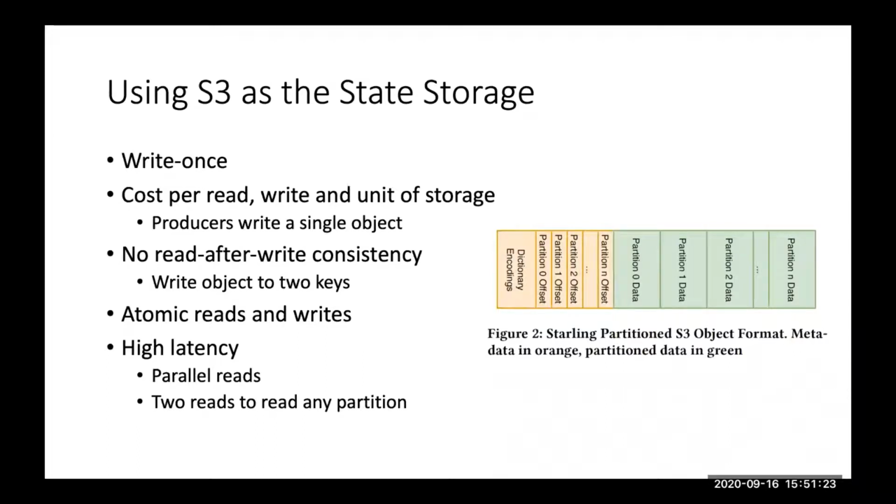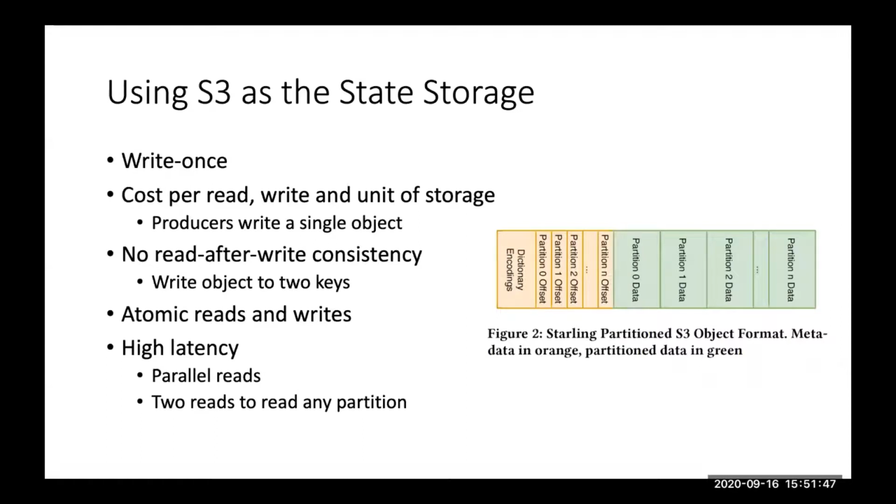Whenever a consumer of this intermediate object does a read, they don't have to read the whole object from top to bottom. They can read the metadata, skip to the offset they need, and then read the blob they want.